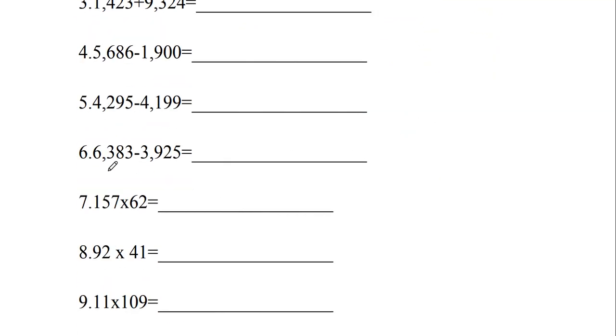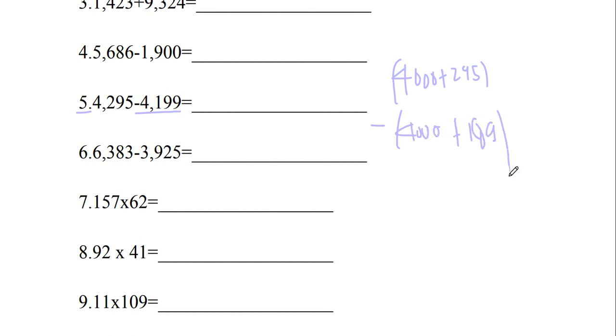Okay, let's try number 5. 4,295 minus 4,199. So you know that 4,295 is 4,000 plus 295, and you're subtracting 4,199, which is 4,000 plus 199.